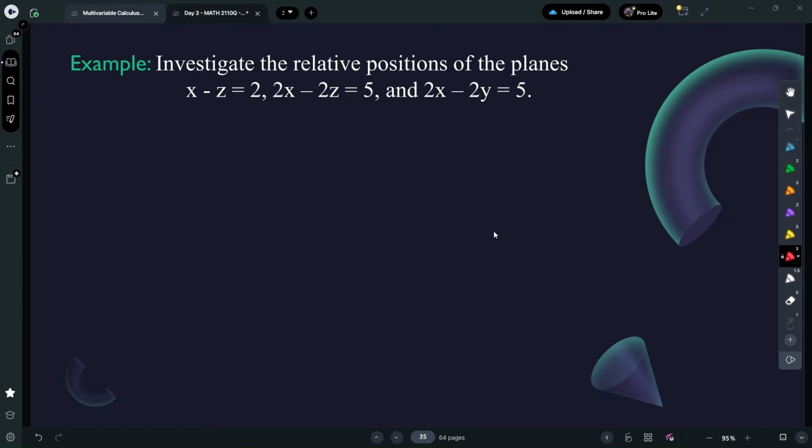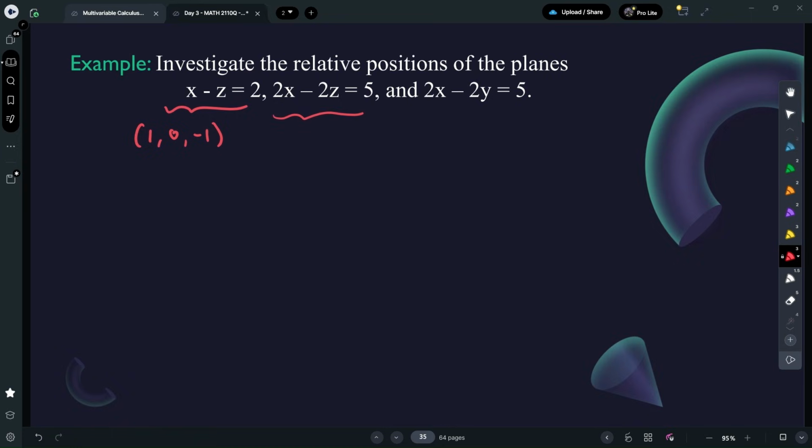Let's, for example, investigate the relative position of these 3 planes. To do so, the first thing we need to do is check what their normal vectors are. From the coefficients of this plane, I can see the normal vector is 1, 0, minus 1, because those are the coefficients for x, y, and z.